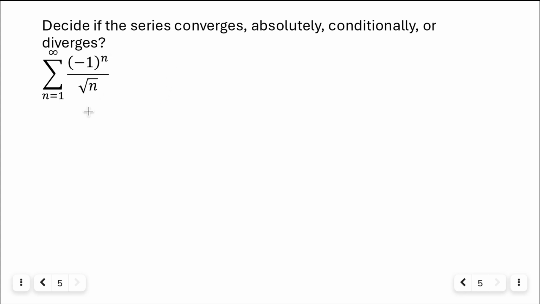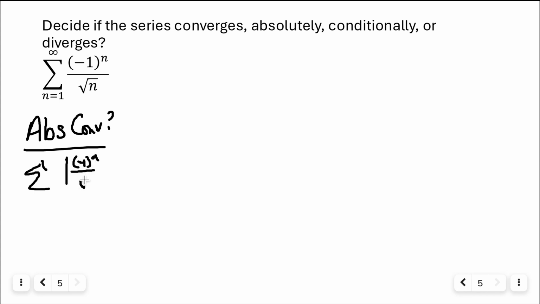Same thing. So again, the first thing we're going to do is check to see if this is absolutely convergent. To do that, we're going to take the absolute value of it. That's going to be the sum of 1 over radical n.